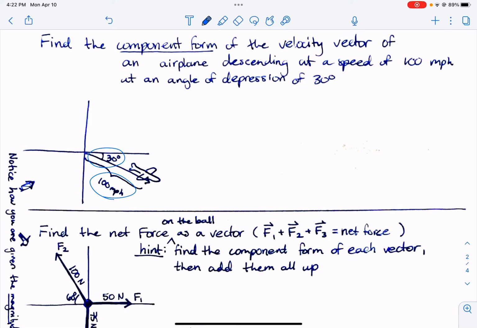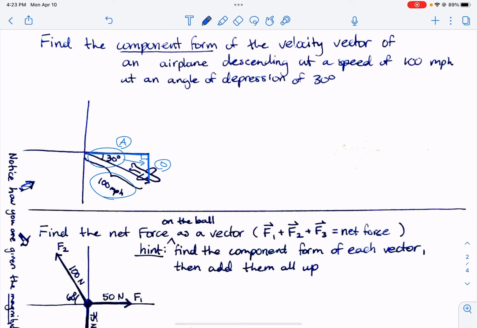Actually, I would say doing this problem is not that tricky if you just remember some SOHCAHTOA, because every vector creates a right triangle. Namely, in this case, if you draw a line like that, we have a right triangle like this. And every single time you see a right triangle, you can always use SOHCAHTOA, right? So if that's my reference angle, the 30 degrees, then this is my opposite side.